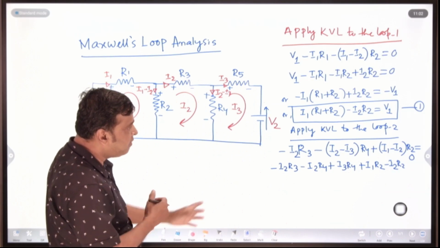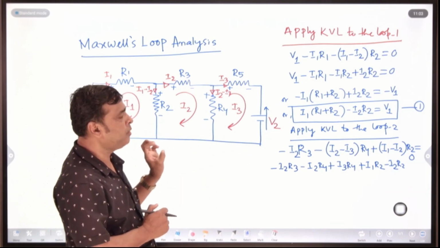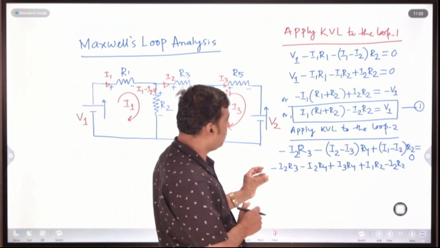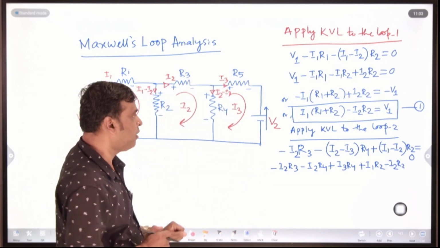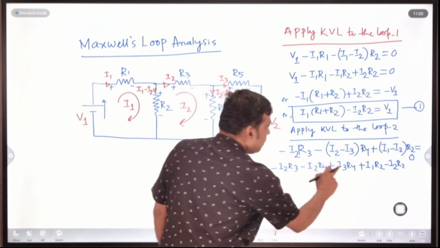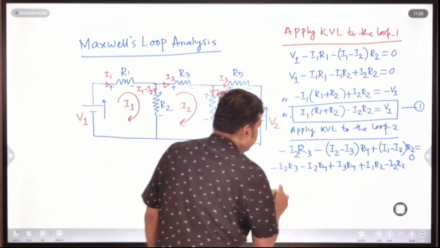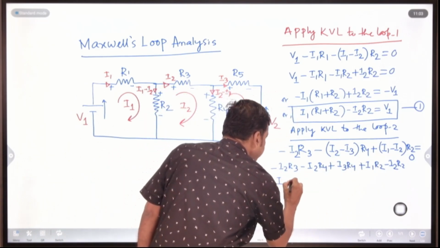So minus I2 R3 minus I2 R4 plus I3 R4 plus I1 R2 minus I2 R2. Then if we rearrange these terms, the first term should contain I1, then the term containing I2, then the term containing I3. So this is your I1 term here, I1 R2.